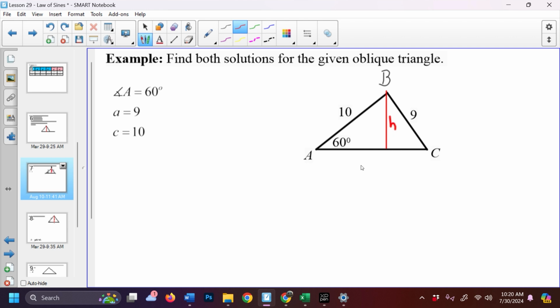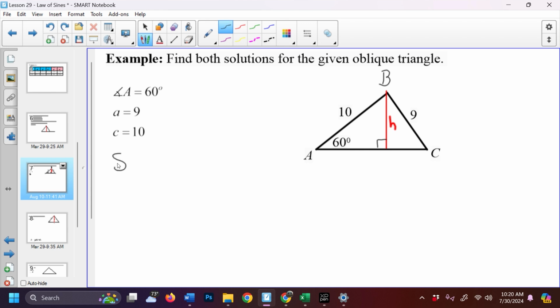All right, now, since the H is an altitude, I know that it has to be a right angle here. That makes this a right triangle. And I can calculate H because I know I have a 60-degree angle here. This side is 10. I'm looking for the opposite of this right triangle here, so I can use sine to do that.